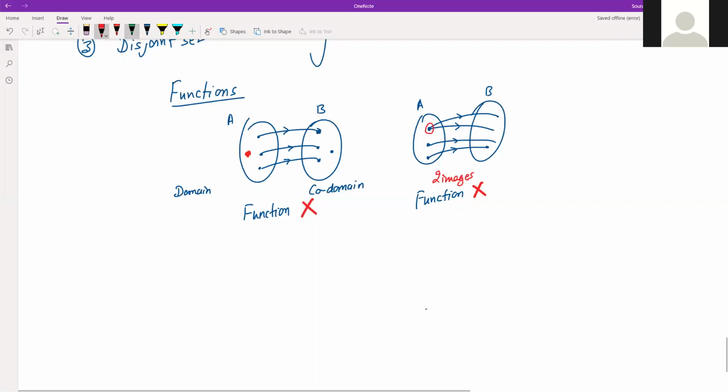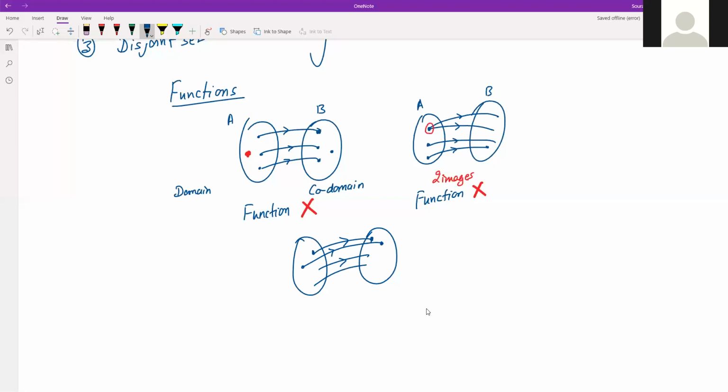So what is a function? In a function, all the elements in the first set, that is the domain, must have some image, right? In the domain, there should not be any element without an image.